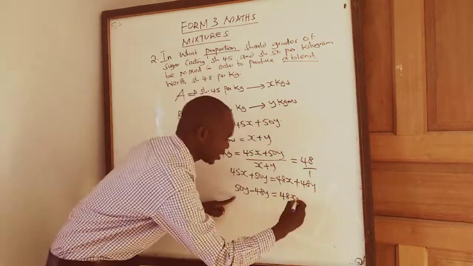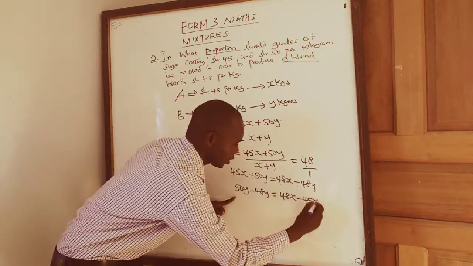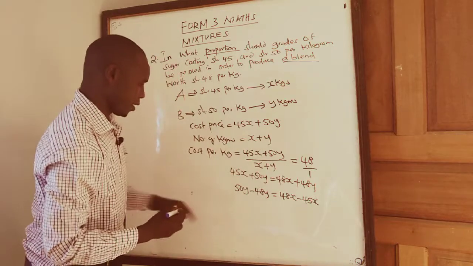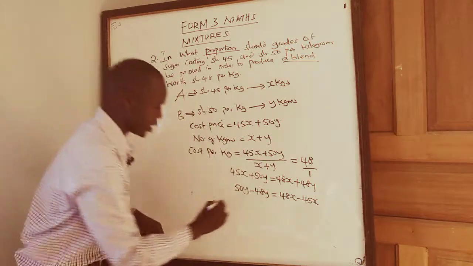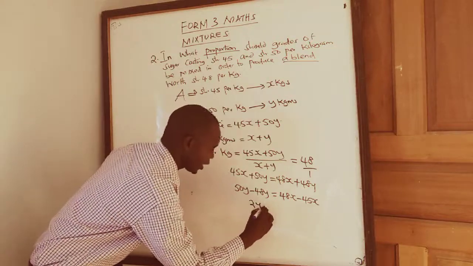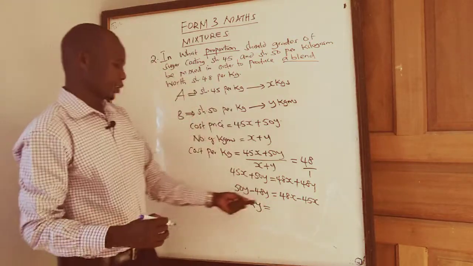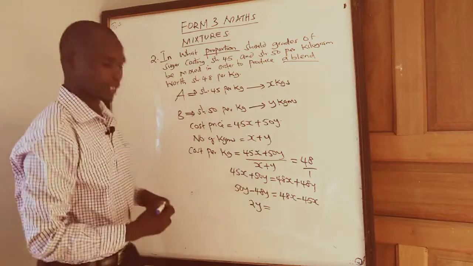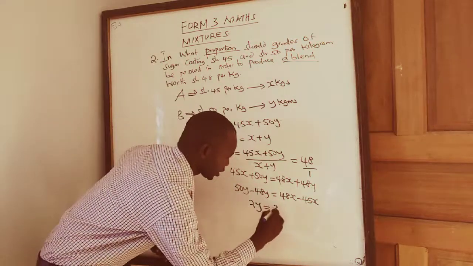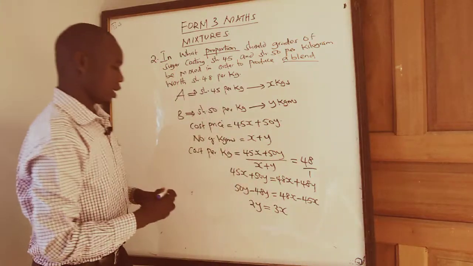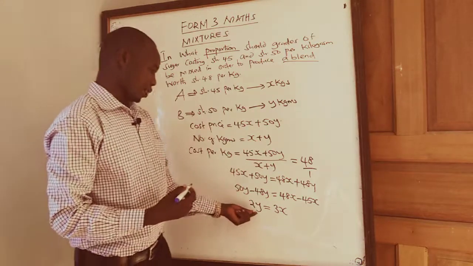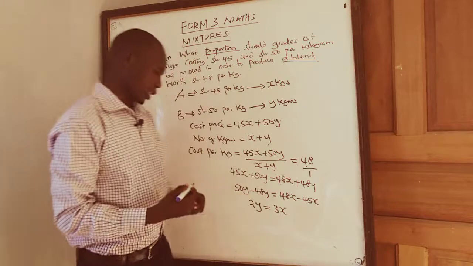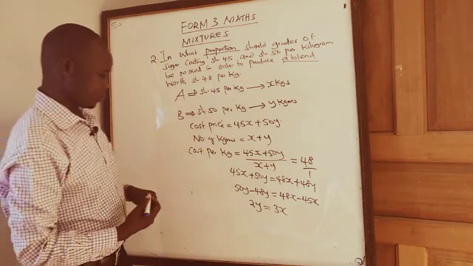Then we move 45x, it is going to be negative. 50y minus 48y will give us 2y, and this is equal to 48x minus 45x, which gives us 3x. Then we make sure that the letters are together and the numerals are together.